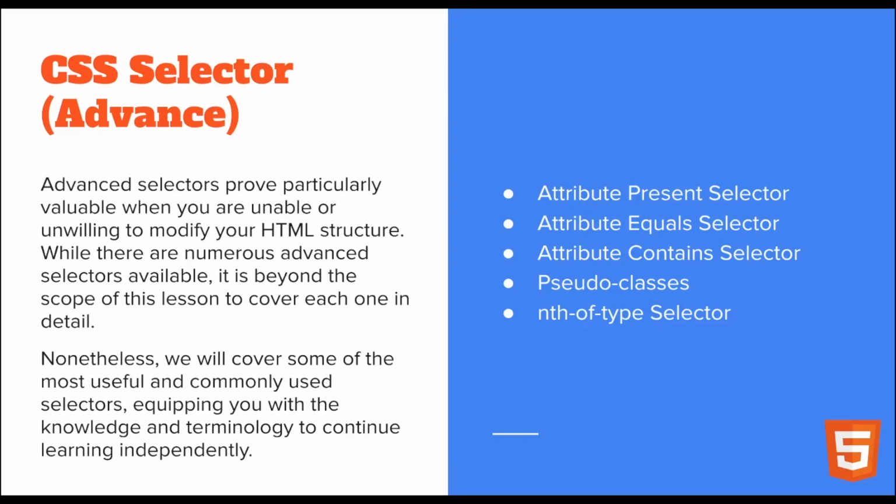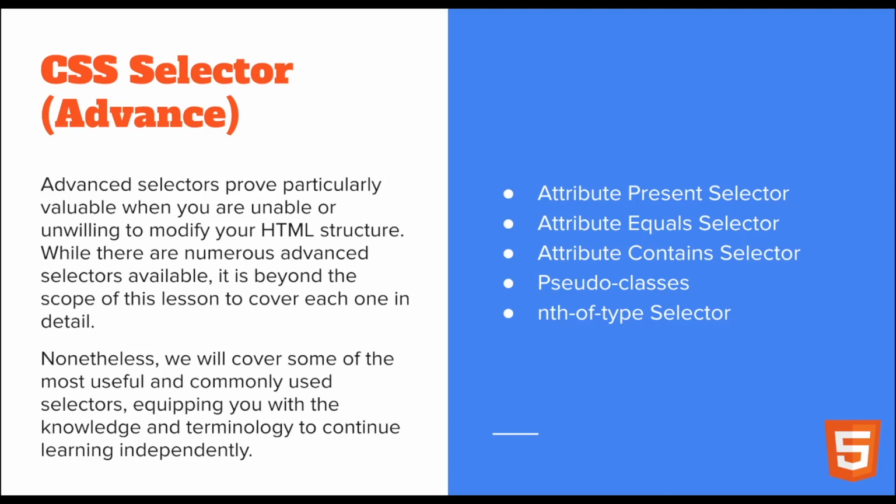So this time around, we're extending it to 5 more. The idea of having advanced is because there are times when you want to style something, but those 3 options might not be easy for you to use. So you want to use something more advanced, and that's why we have this.